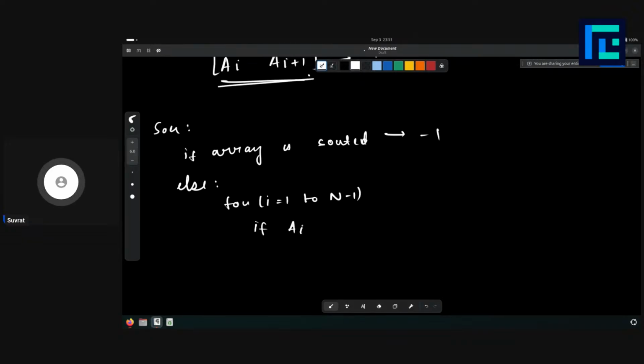If ai is greater than ai plus 1, then cout i plus 1. So that was it for the question, and this solution would just require O of n time complexity, which was the expected time complexity for this problem.